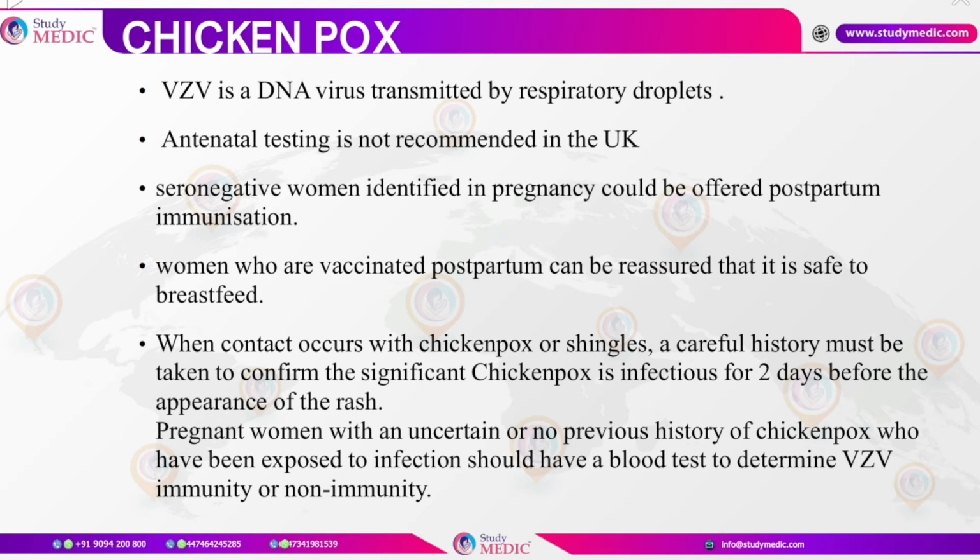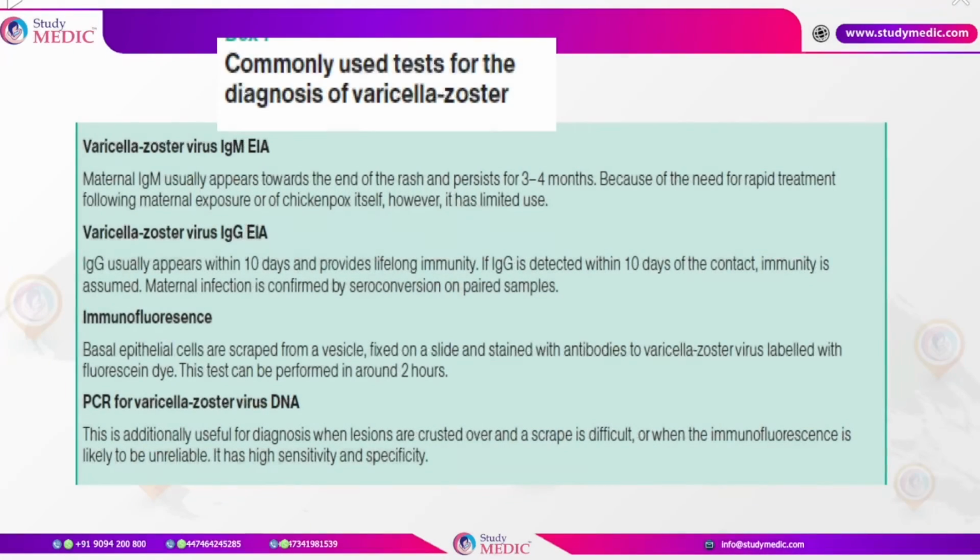When contact occurs with chickenpox or shingles, a careful history must be taken to confirm significant exposure. Chickenpox is infectious for 2 days before the appearance of the rash. Pregnant women with an uncertain or no previous history of chickenpox who have been exposed to the infection should have a blood test done in order to determine varicella zoster immunity or non-immunity, and based on that you can proceed.